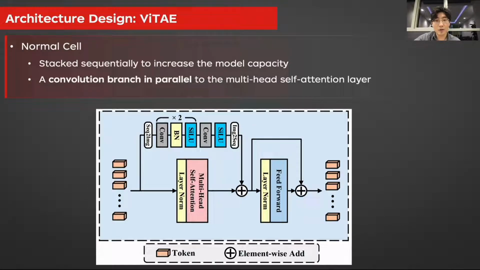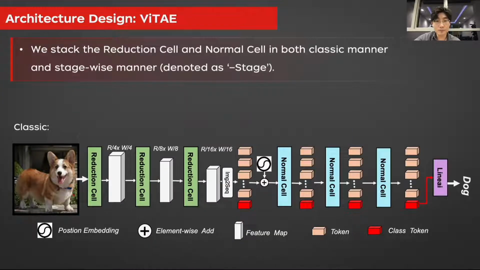The normal cell is almost the same as the reduction cell, except that it does not contain the pyramid reduction module, and there is no spatial size change in normal cells. We stack the reduction cells and normal cells to formulate the final ViTAE model. We adopt two different stacking policies.